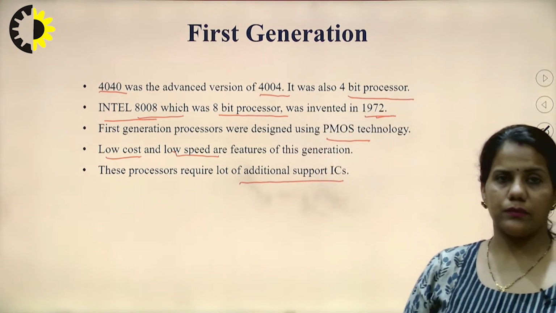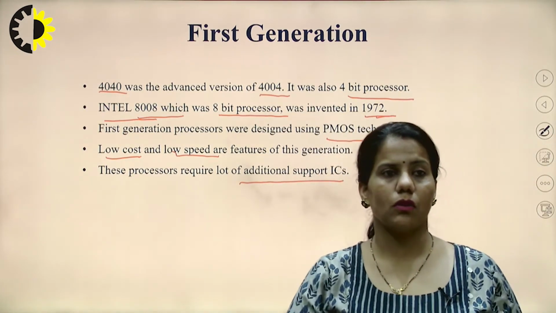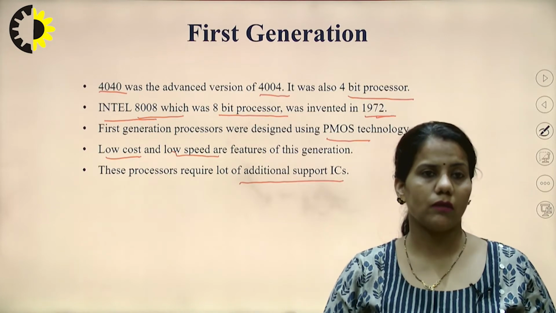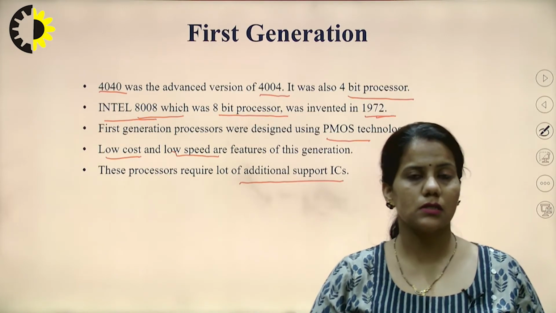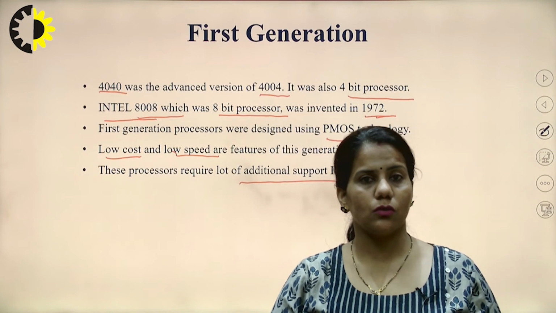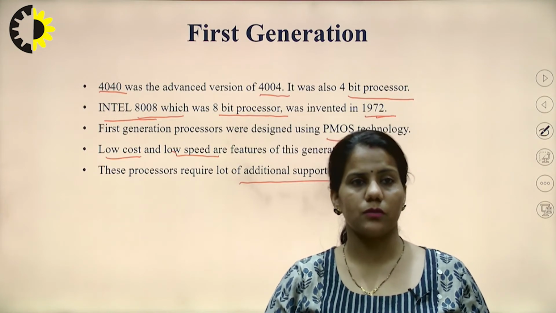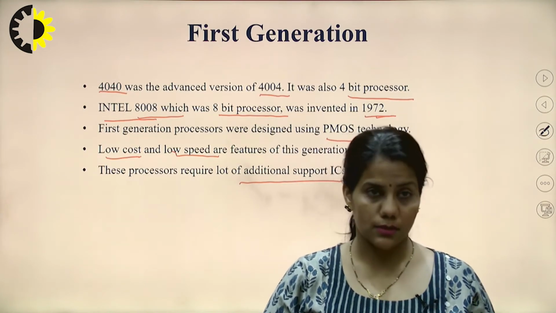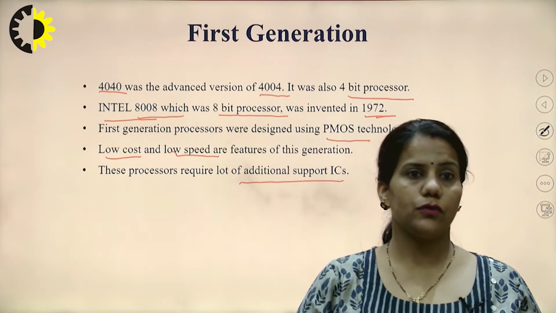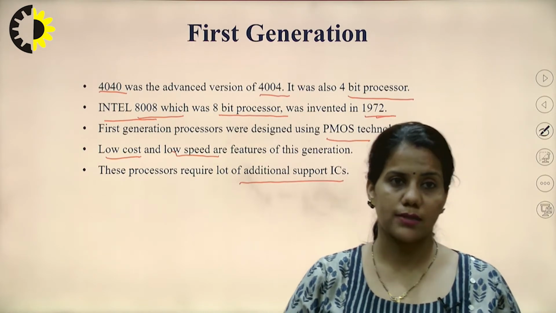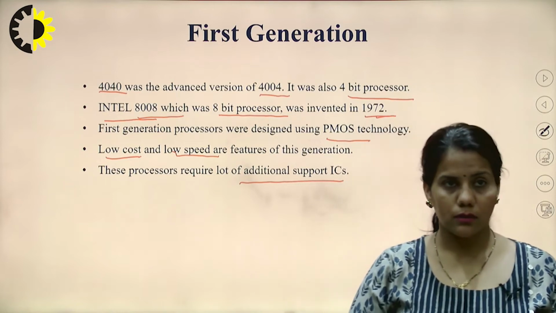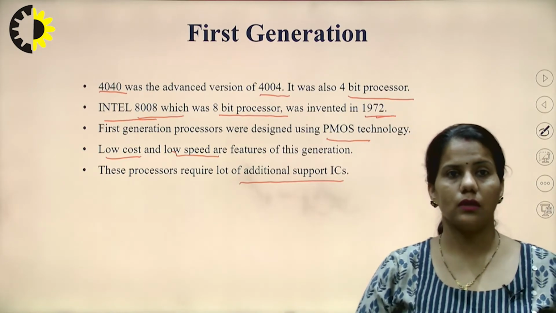In the first generation, many peripherals were not available on the single chip. So to make the systems function properly, a few additional support ICs were added along with the main processor to make the complete system.